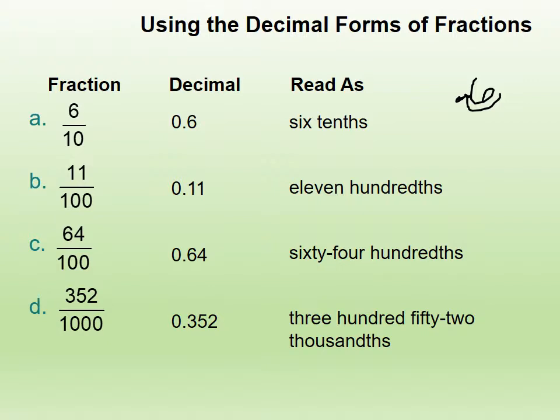For the number 11, the decimal's right here, but you're talking about divided by 100, so you're going to move the decimal to the left 2 times, and so forth. We'll talk a little bit more about that.